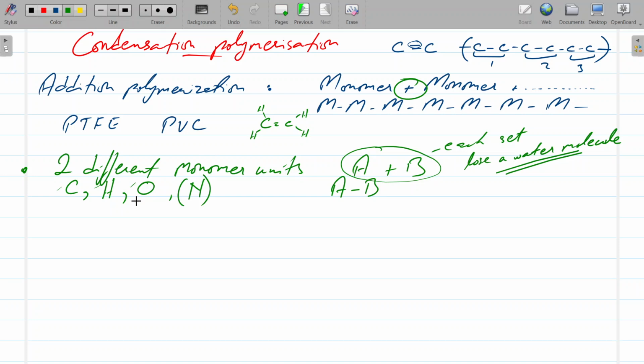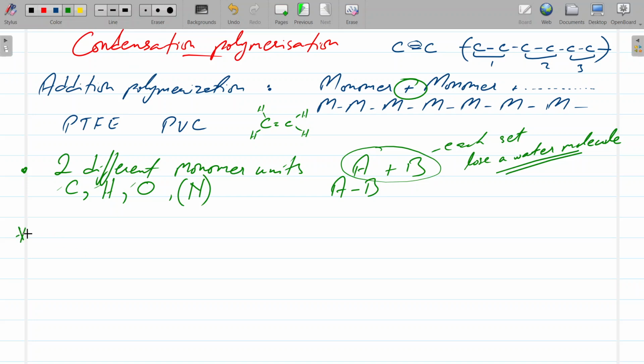So the monomers have oxygen as well, and because of the way they bond, with each set of the two monomer units combining, one molecule of water is lost, and that loss of water molecule is what gives the polymerization the name condensation polymerization. Is that clear?